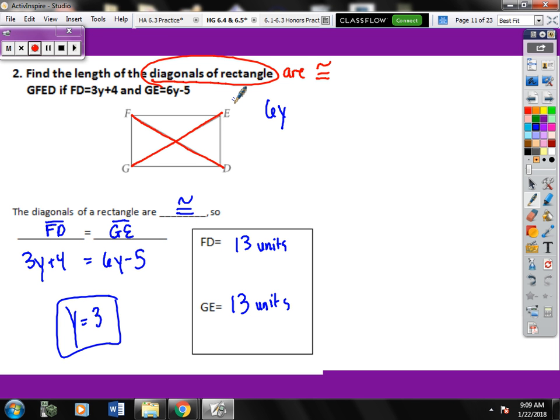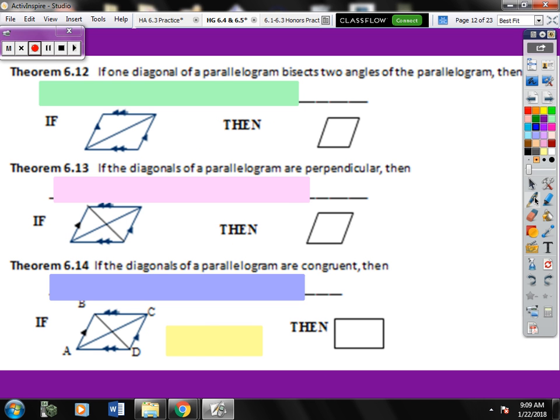All right, on the back of this page, we have basically all converse theorems in the top box. So it just says the reverse of what was on the front.